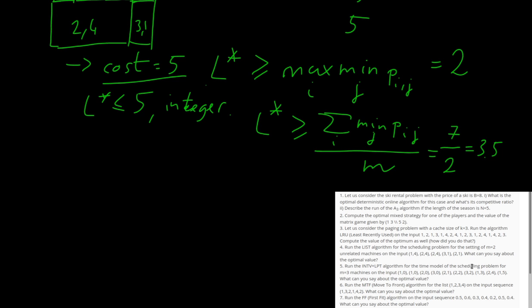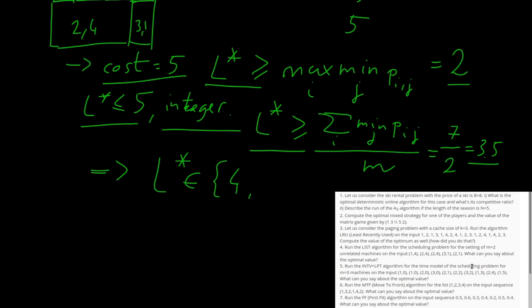So we know that the optimum value is at least 2, at least 3.5, at most 5, and that it is an integer value, which means that the optimum is either 4 or 5.